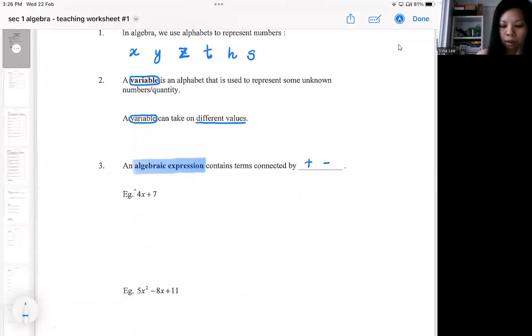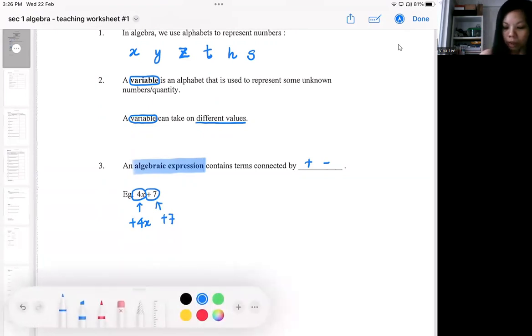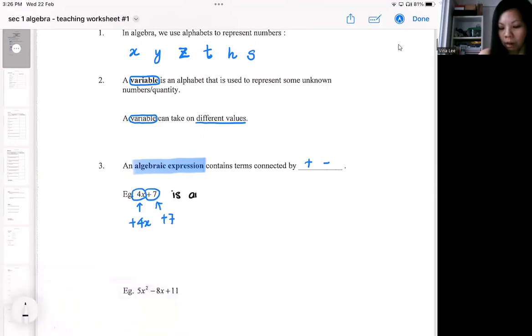So this one is a term. This one is a term. For this term, there is an invisible sign. This is another term. So to me, this is an algebraic expression that contains two terms.